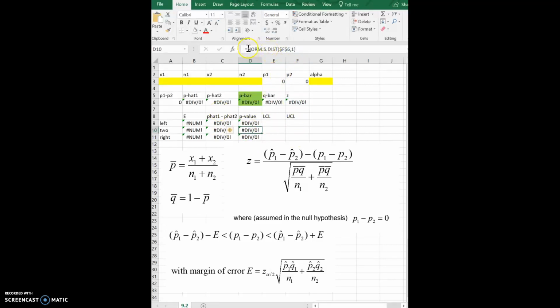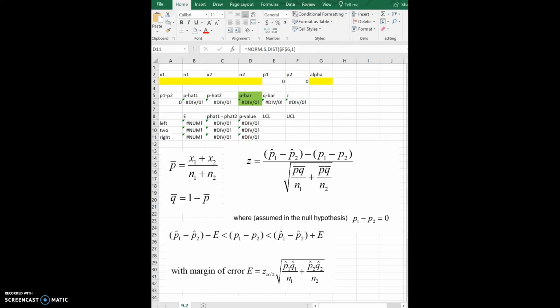So if it's a two-tailed test, then you're going to do times 2, because there are 2 of them. And I put this in as a logic statement, actually. So basically I did it so that it's only happening if this is the case.